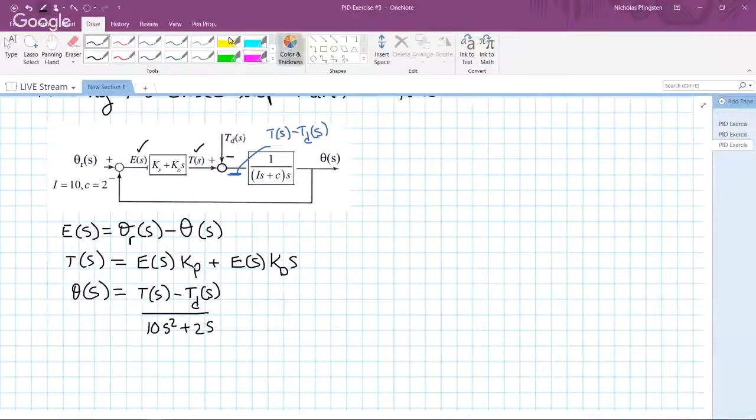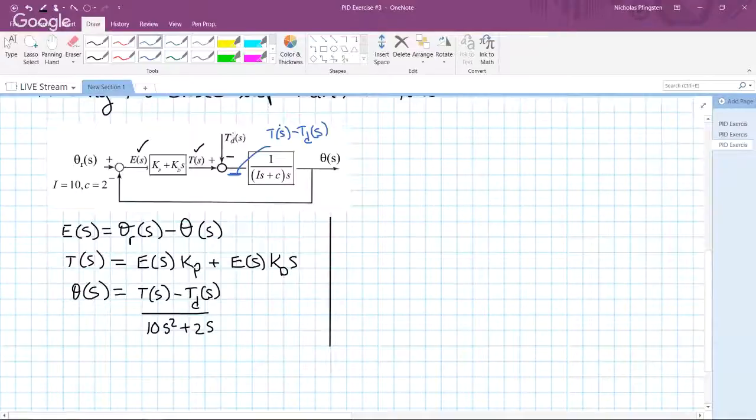Okay. I'm kind of going to separate this, and I'm going to do different colors, and start back substituting these equations into each other. So the first thing I'm going to plug in is the E of s equation.